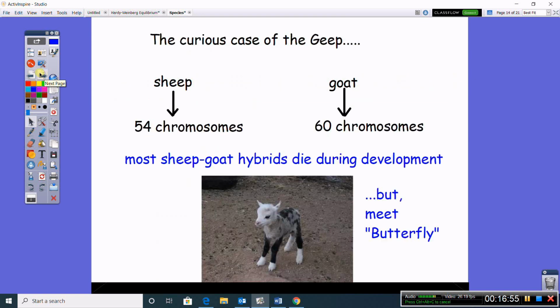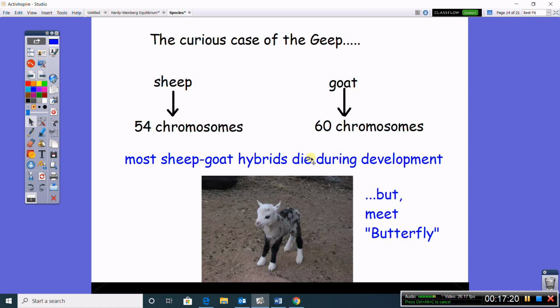The next one, oh, this one's pretty neat. This is with geeps. Sheep have 54 chromosomes and goats have 60. Most sheep-goat hybrids during development die, but some do survive. So this is Butterfly, who is a geep.